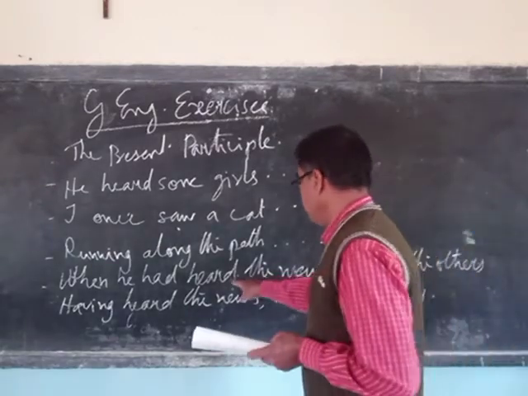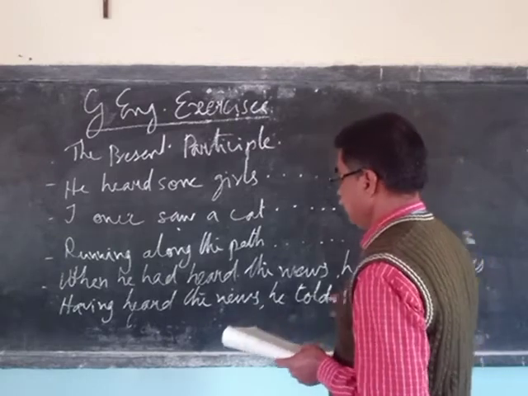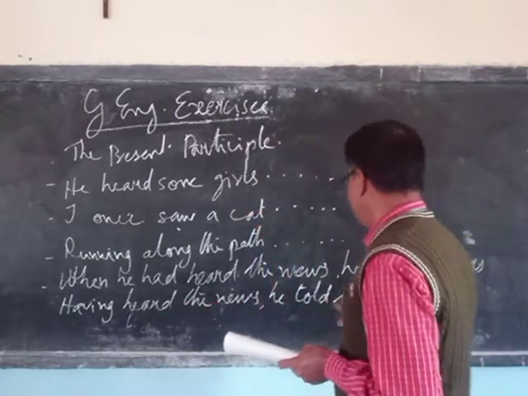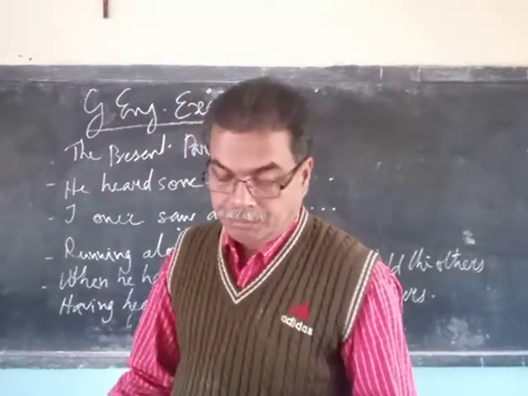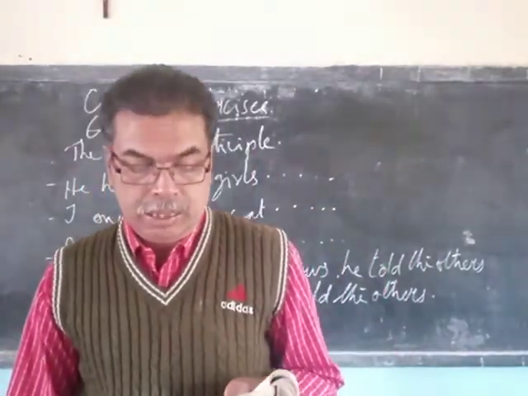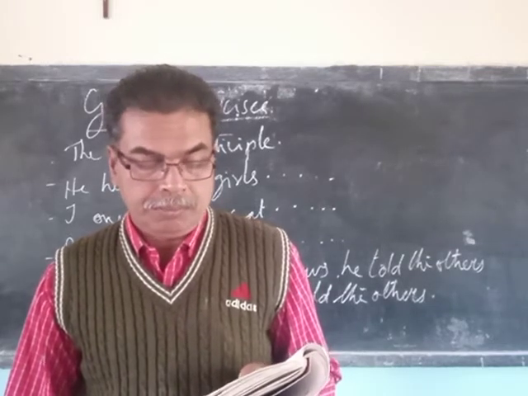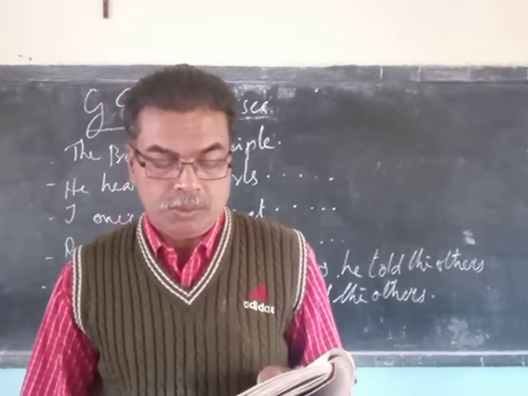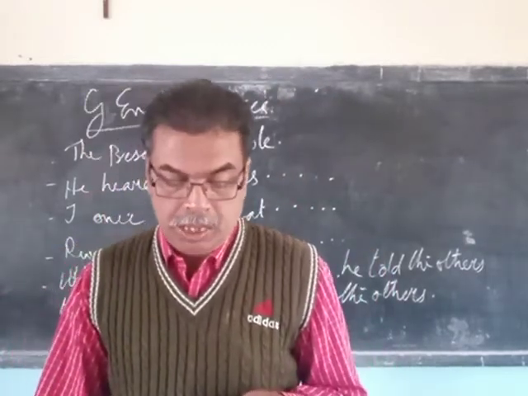Having heard the news, he told the others. Like that. When they had finished the work, they went home. This is the meaning of having finished the work, they went home.